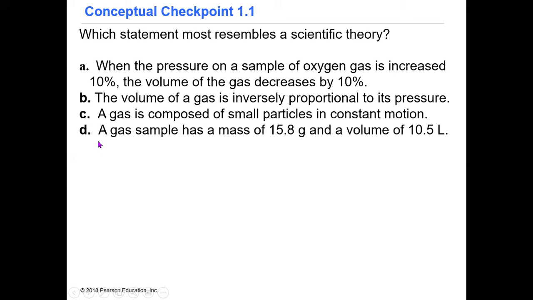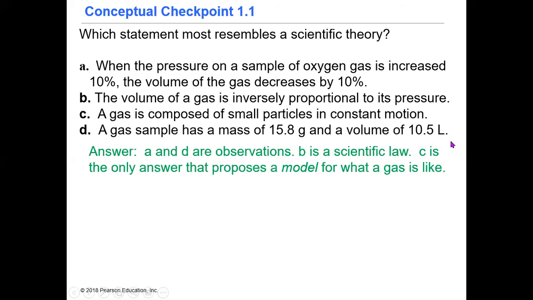D: a gas sample has a mass of 15.8 grams and a volume of 10.5 liters. So A and D are observations, B is a scientific law, and C is the only answer that proposes a model of what a gas is like. So only C is a scientific theory.